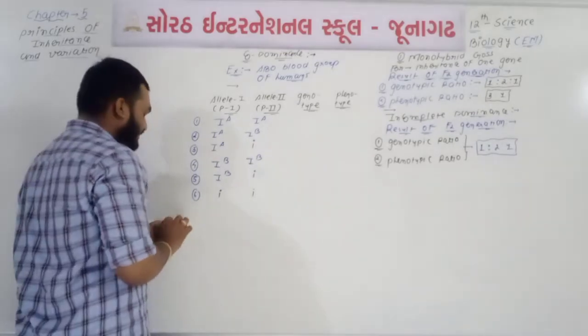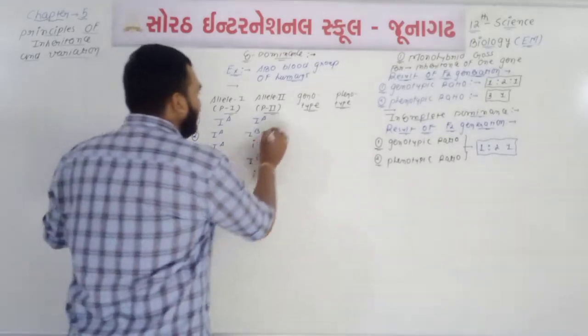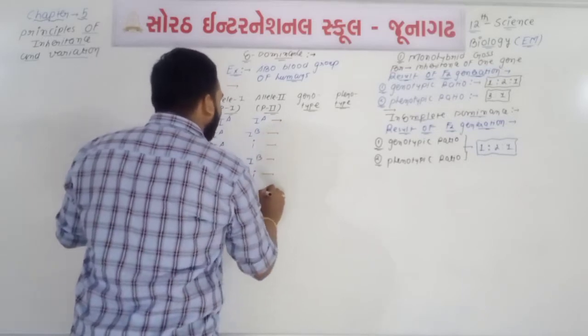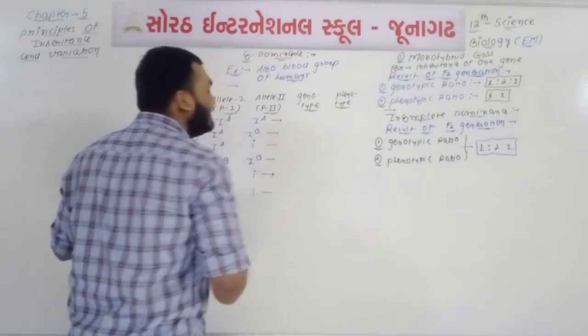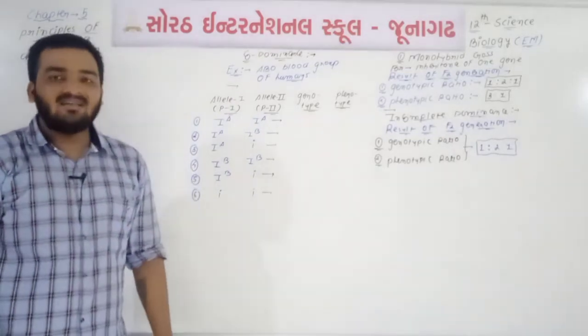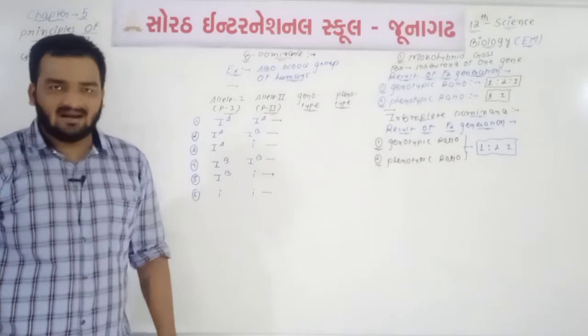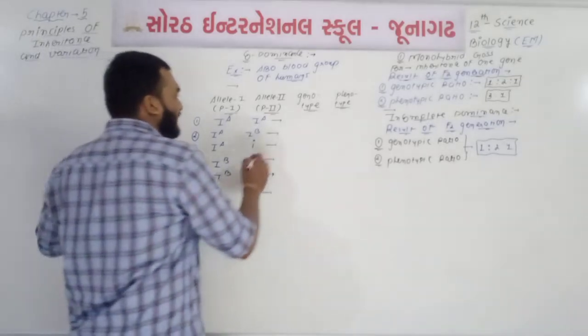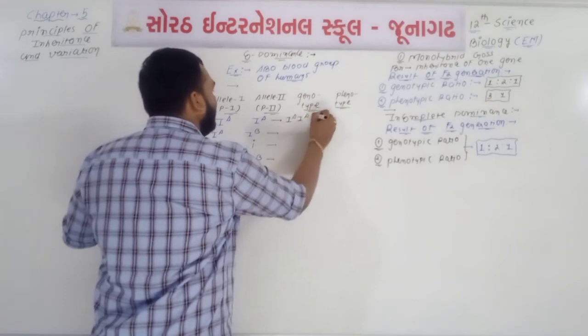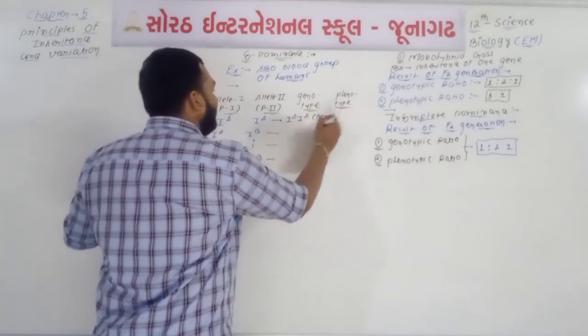These are all the possibilities for the alleles from both parents, mother as well as father. Why are there only two alleles? Because humans are diploid organisms, 2n. Genotype IA IA, yes or no? It is the homozygous pair.